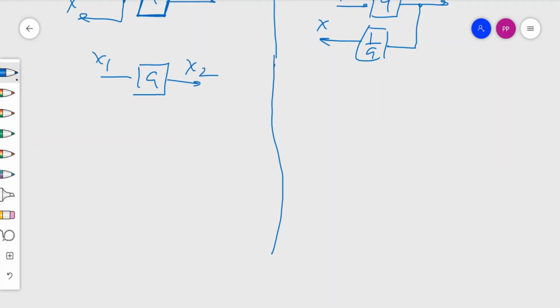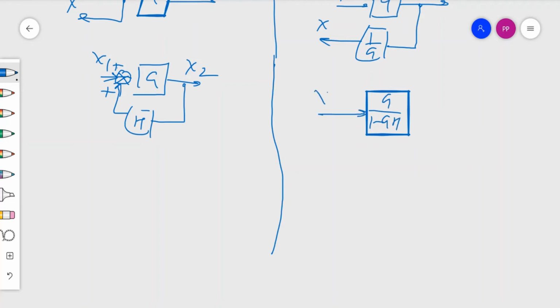We have already studied this concept, although I am revising it here. If this is the summing point, this is entering as plus, this is also entering as plus, so this is equivalent to G divided by 1 minus GH. If you revise the previous video lecture, you will see that we have already worked out this concept.